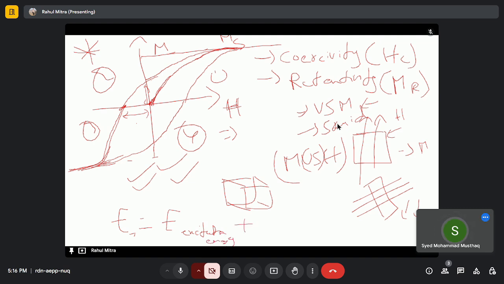What is another one? Another one is the anisotropy energy. Another one is the magnetoelastic energy, the magnetostrictive energy.